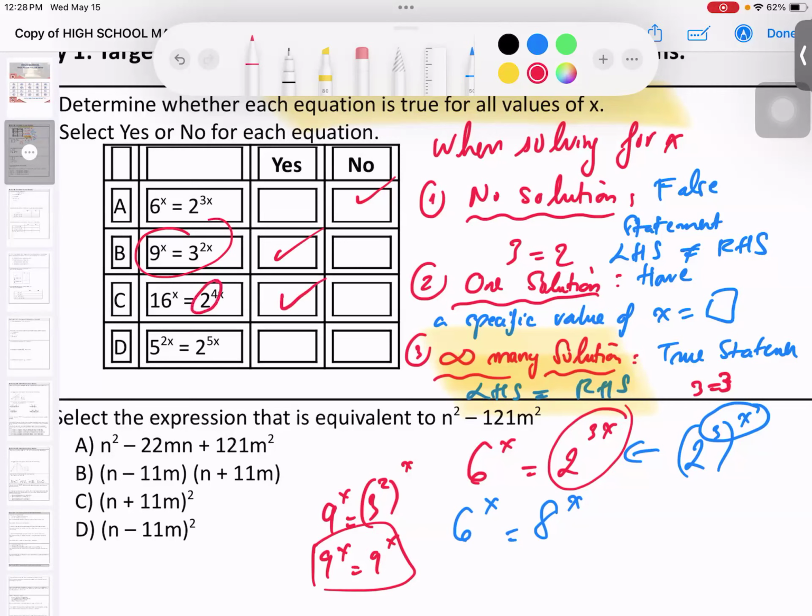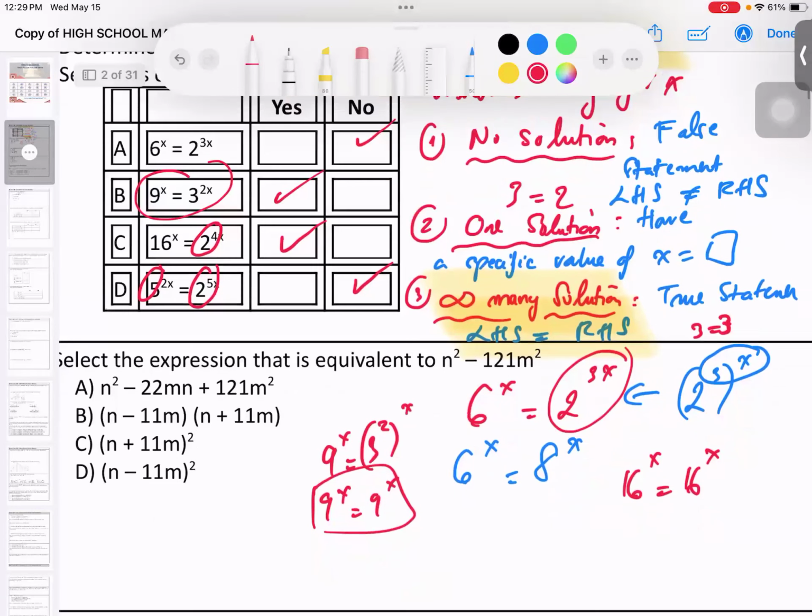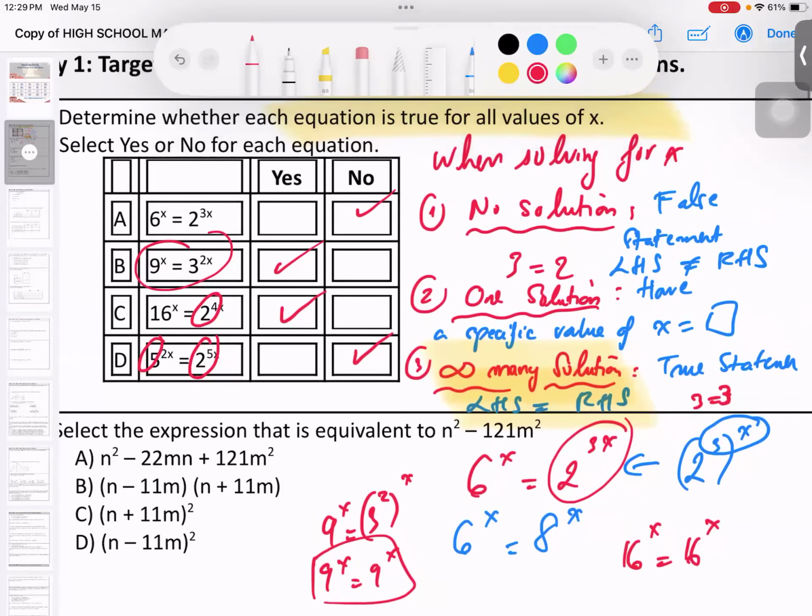So 16x equal to 16x. Last one, for sure, right? 5 squared is 25, but 5 to the fifth power is 3125, so they're not equal to the same thing. So the answer is no, yes, yes, no.